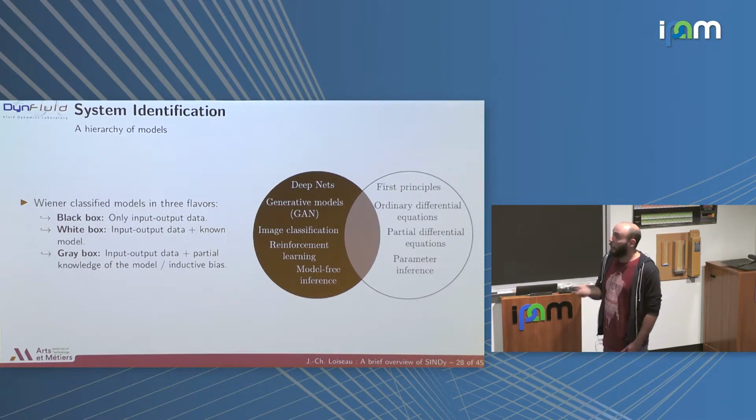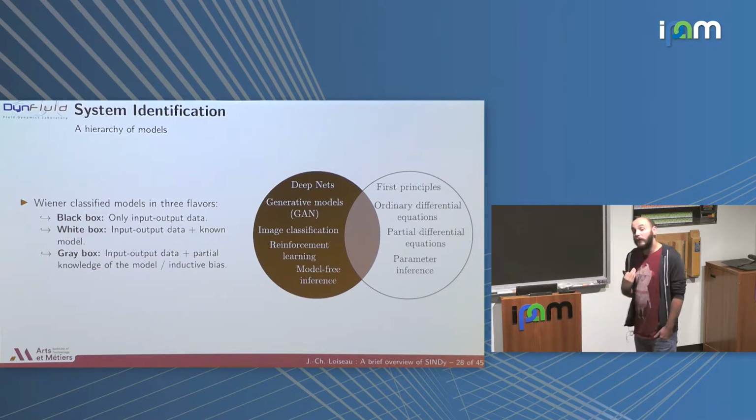Then we have white box models. That's basically what we do in high school: first principle equations. We know the model, maybe we don't know exactly the coefficients. You've probably all played with a resistor, U equals R times I. You may not know exactly the resistance you have, but you know the form of the model.